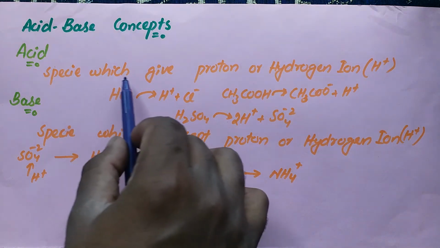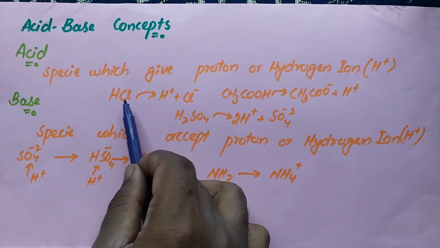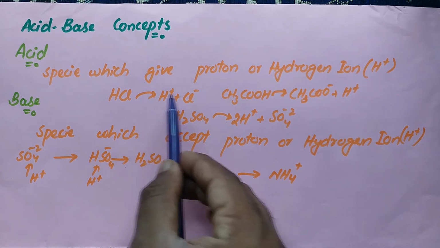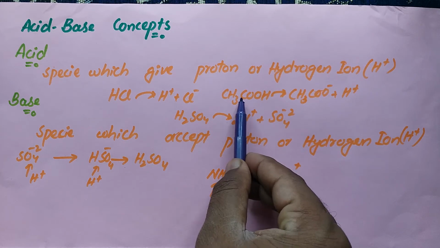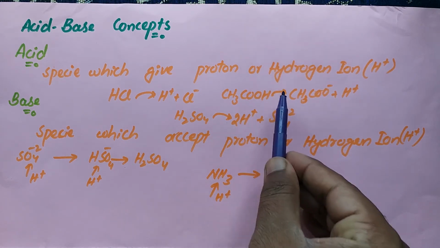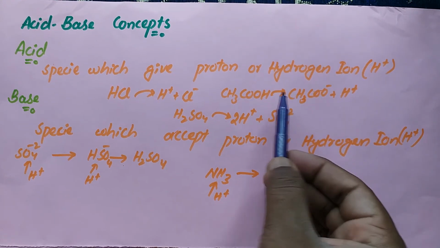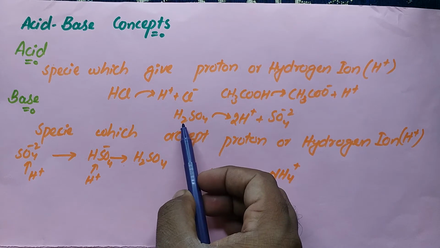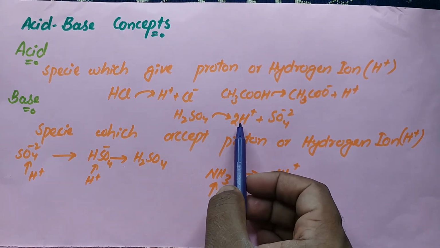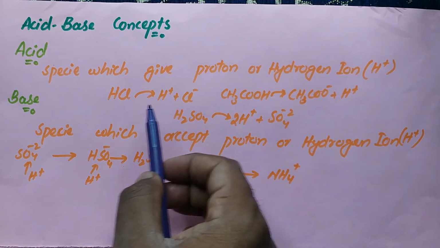So the species which gives proton or hydrogen ion: in reaction, HCl gives H positive ion. CH3COOH, that is called acetic acid, gives proton and converts into acetate ion. H2SO4 also gives two proton ions, so it is also known as acid.